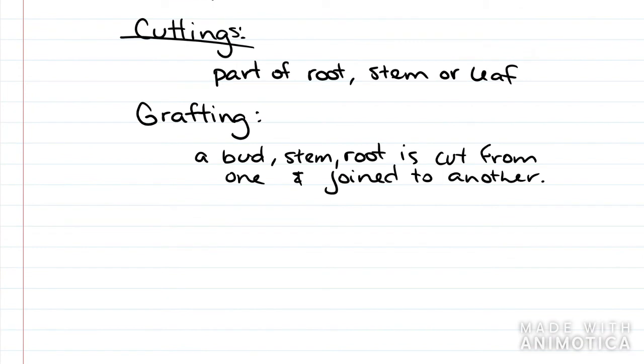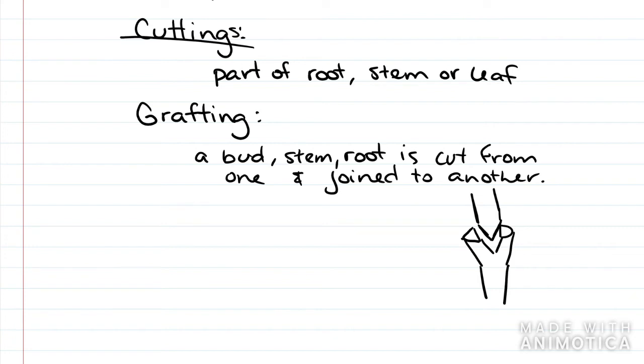So what they do is they take the receiving one, and they cut a notch into it. And then they take this new plant and they cut it into a pointed end and they put them together.